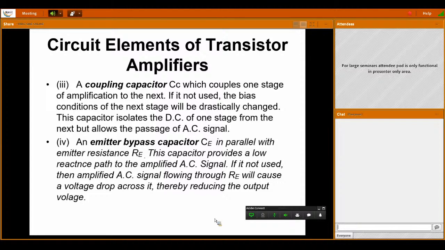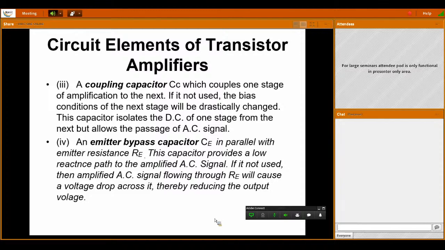The first stage output has the AC signal, which can be transferred without any attenuation through the coupling capacitor, but the DC signals due to the biasing of the first stage are not coupled as an input to the second stage. That can be done with the use of your coupling capacitor. So this can block the first stage DC signals at the output.